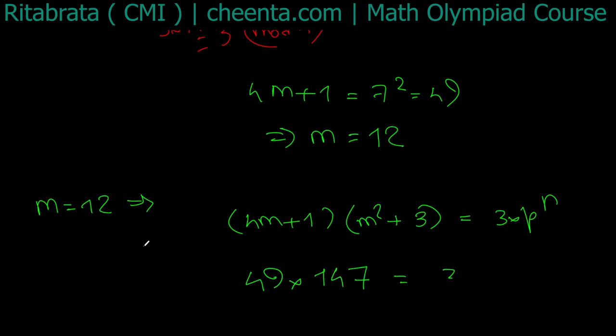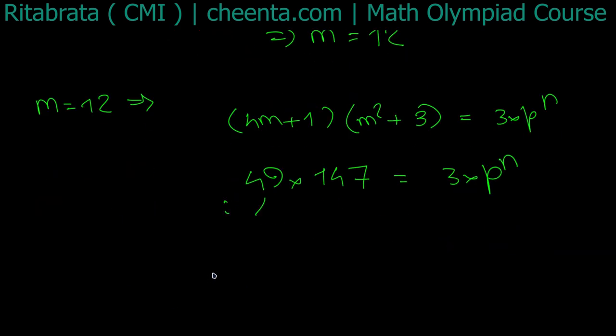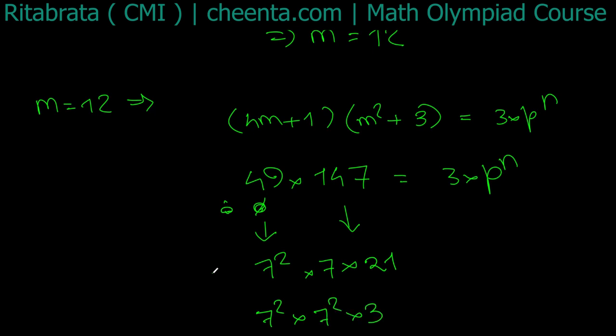That is 3 into some p to the power n, and you can just factor it out easily. This is 7 square into 3. So this is not p, this is just 7.